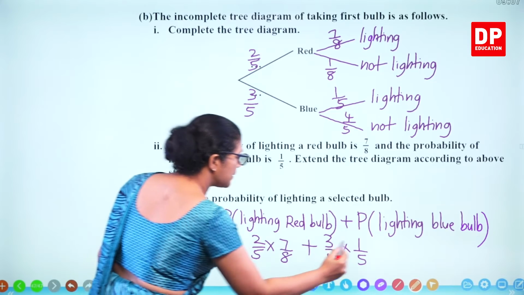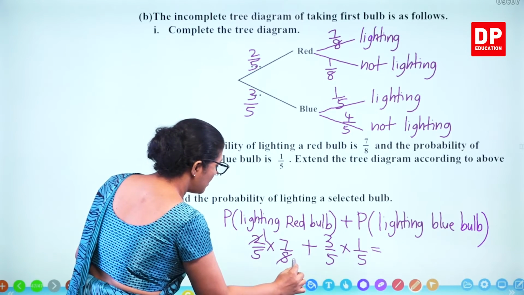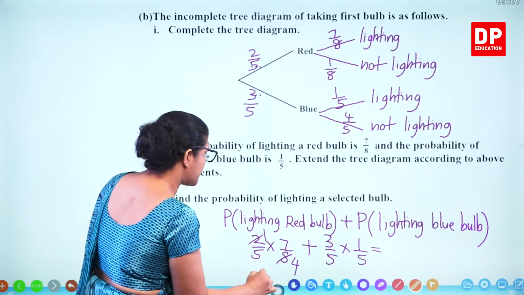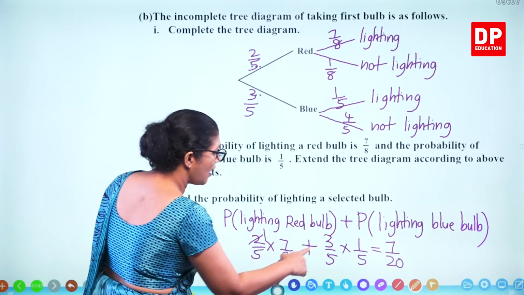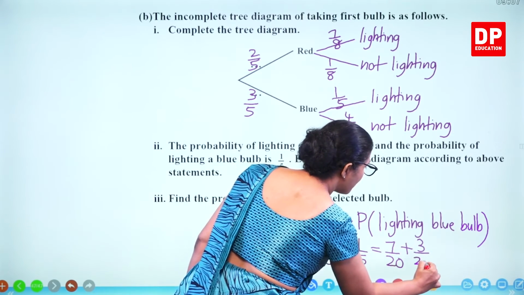So what's the answer? You get 1 and this one, 4. 7 over 20. And this one, 3 over 25.